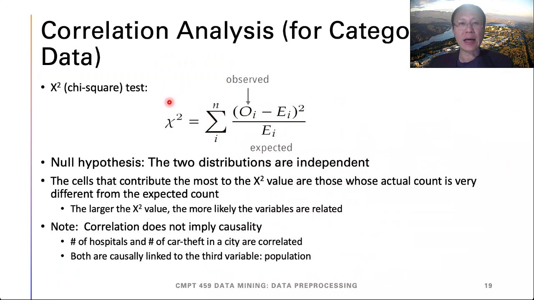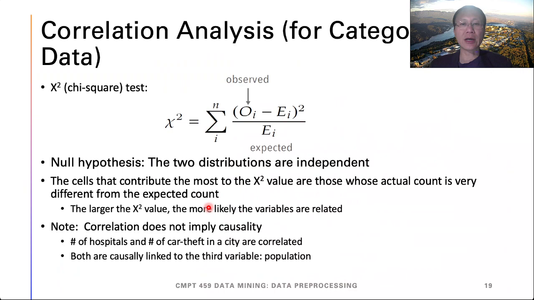So the chi-square test essentially is a statistical test. The null hypothesis is that the two distributions are independent. The cells that contribute the most to the chi-square value are those whose actual count is very different, either very much higher or very much lower than the expected count. And later I will use an example to show you how to do this.